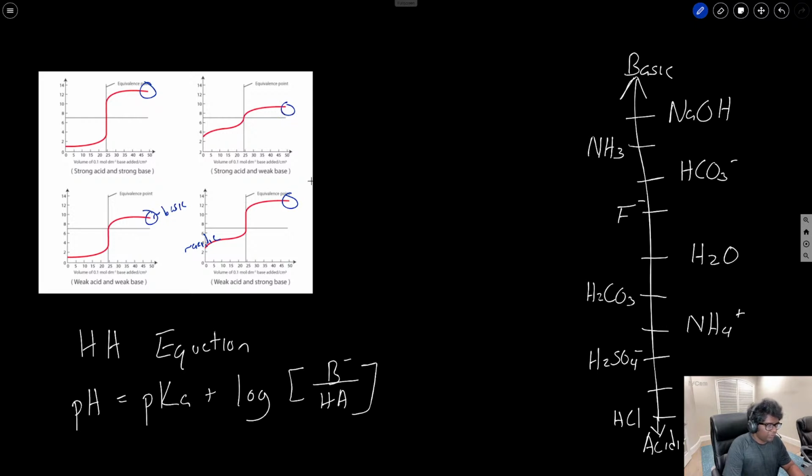Henderson-Hasselbalch makes it easy to find the pH of a compound. It's used specifically for buffers. So if you have a buffer and you need to find its pH to see if it's a good buffer, because we know how buffers work. I'll write it down for you guys.